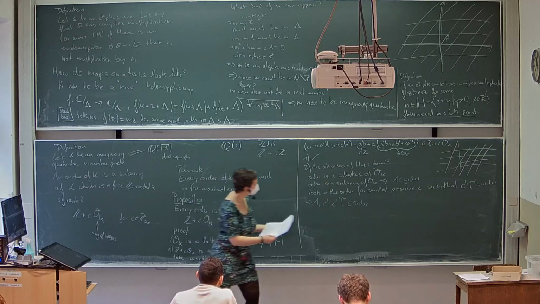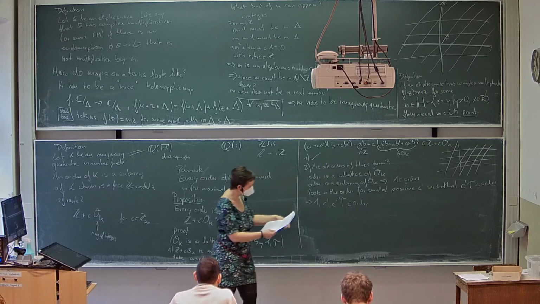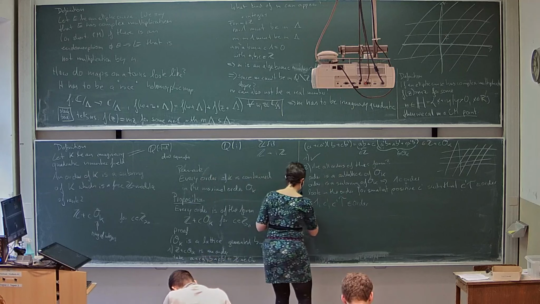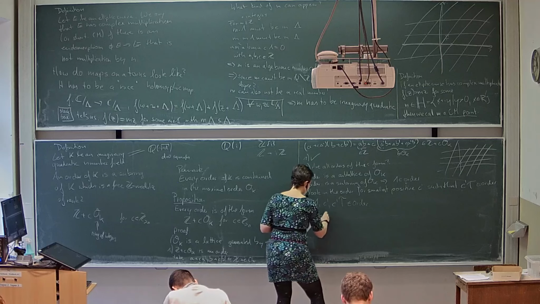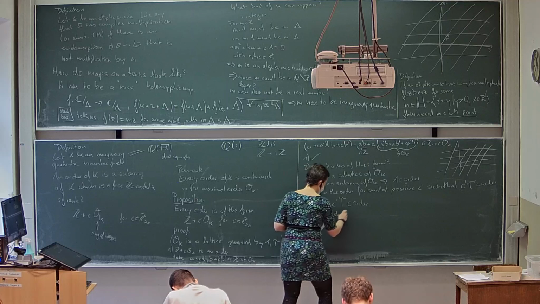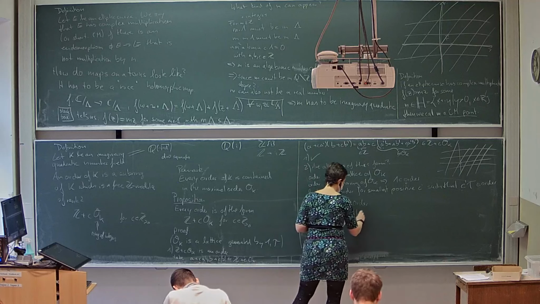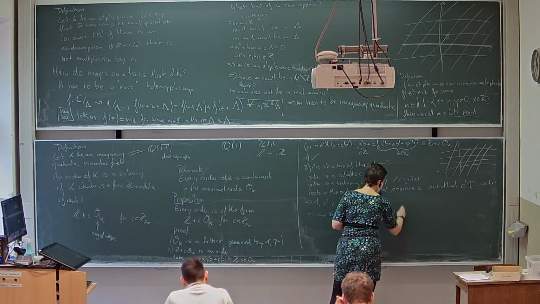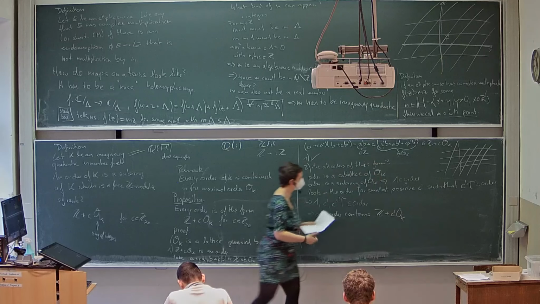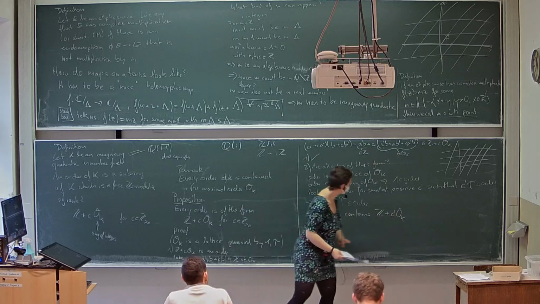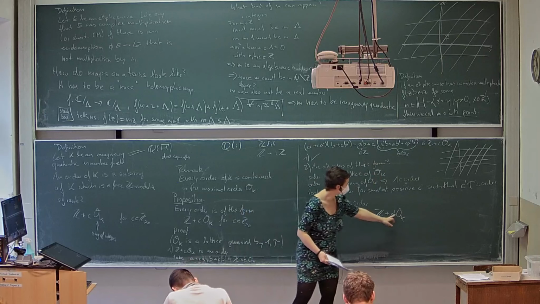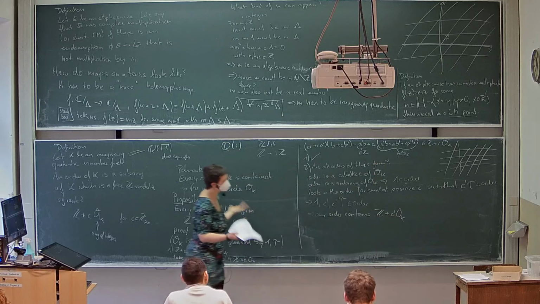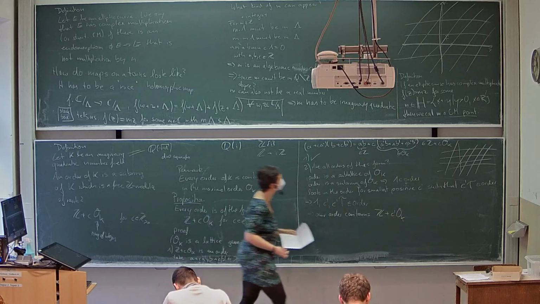But this means our order contains this, because tau is in our OK, C prime is this, and this is exactly what we wanted to show.